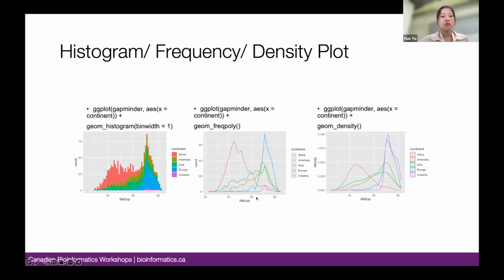Okay, the second one is the frequency plot. The frequency plot uses lines instead of bars while maintaining count information. This method allows us to visualize the trends more clearly than a stacked histogram, especially when comparing multiple groups.